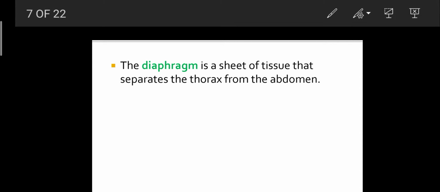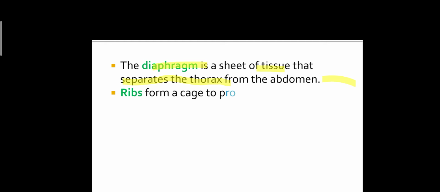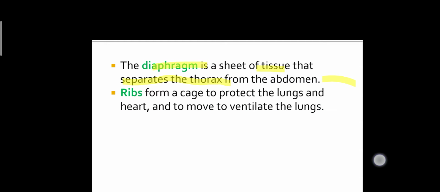The diaphragm is a sheet of tissue that separates the thorax from the abdomen. Ribs form a cage that protects the lungs and heart and move to ventilate the lungs.